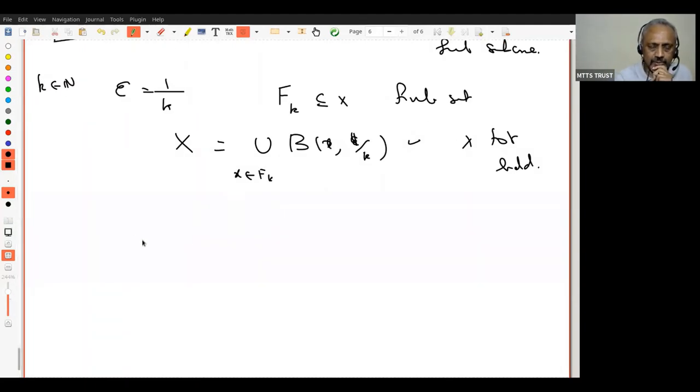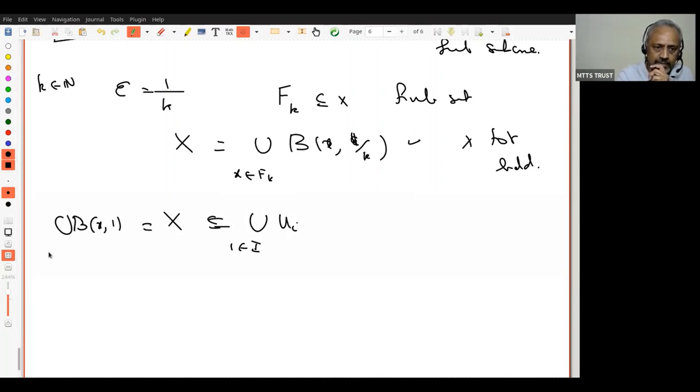So how do I do that? Now remember, X is contained in the union of Ui and it has no finite subcover. Now X is the union of B(x, 1) where x varies over F1. You understand?